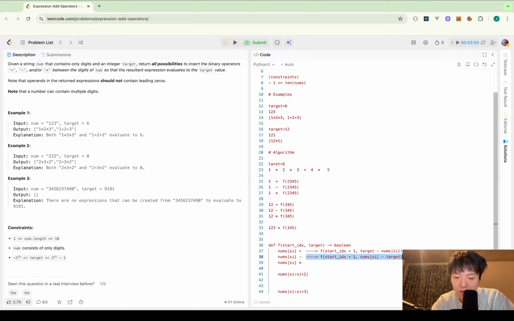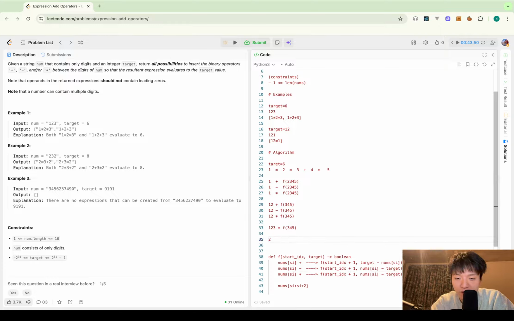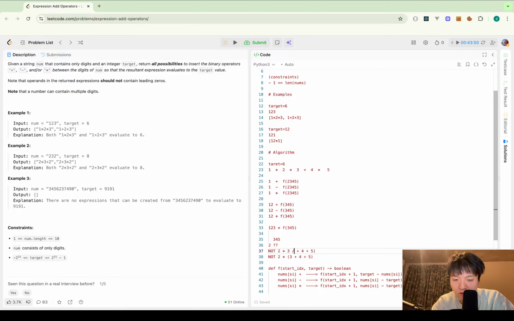In the case of multiplication, this one is a bit more complicated. Let's say I create 2 something here from 3, 4, 5. If I choose multiplication and then 4 plus 5, actually this multiplication 2 times is not applied like this, but 2 is used only for this 3.